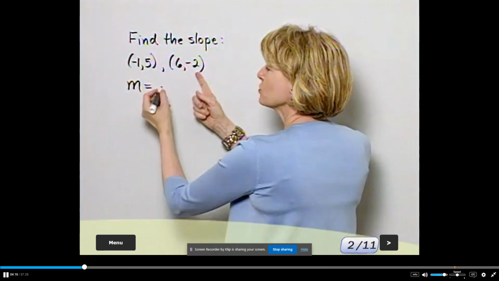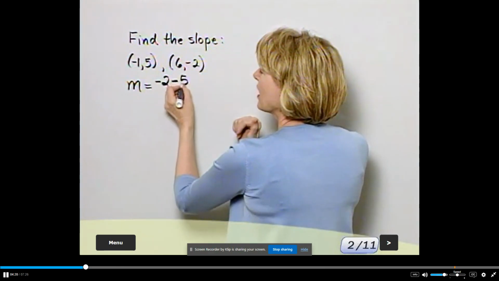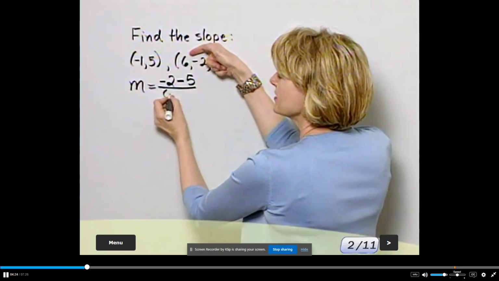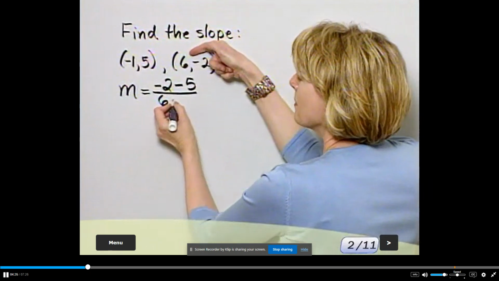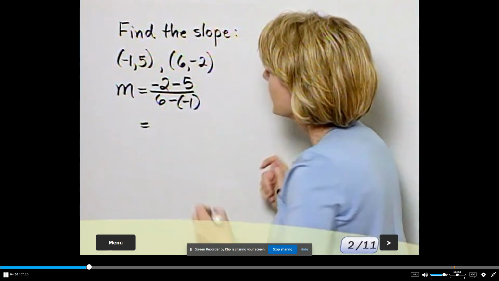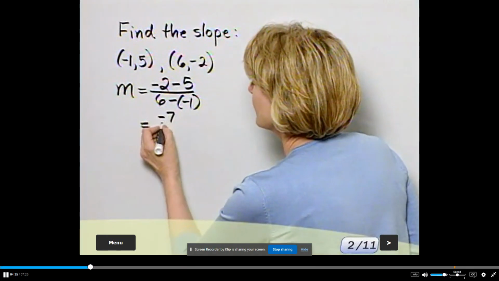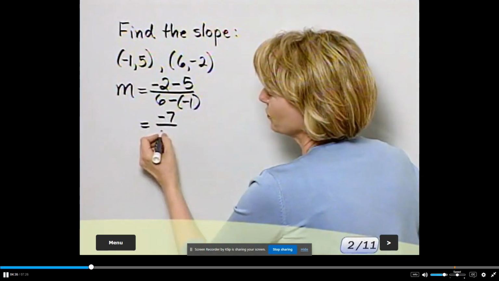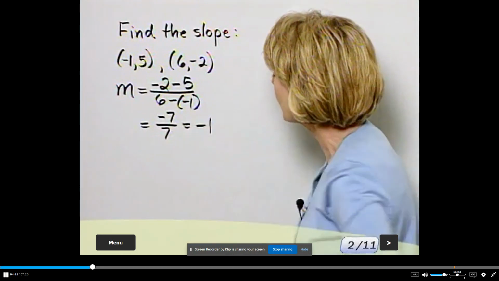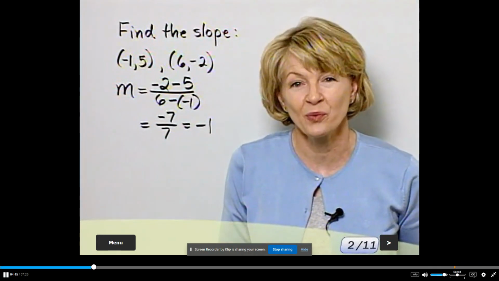I'll choose this y first. -2 minus 5 over, now I must place this x value first, minus, and then -1. So negative 2 minus 5, that is negative 7, over 6 minus a negative 1, that's 6 plus 1, or 7, and that simplifies to negative 1. So the slope is negative 1.